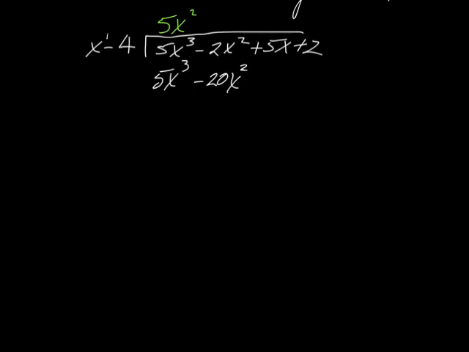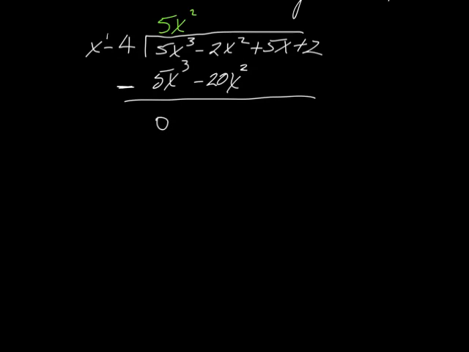Once you do that, we put our line, and then we put a subtract sign. Do not forget to put that subtraction sign there, because now we're going to subtract. 5x cubed minus 5x cubed gives us 0, so we can put a 0 there.